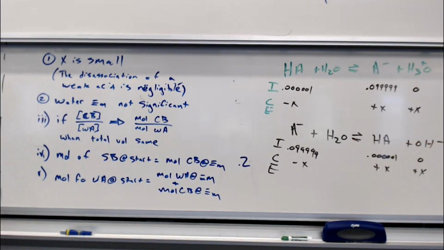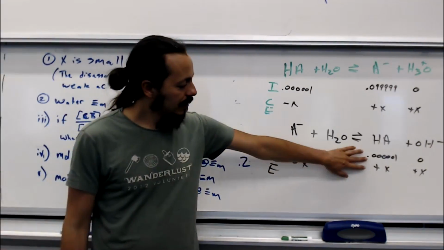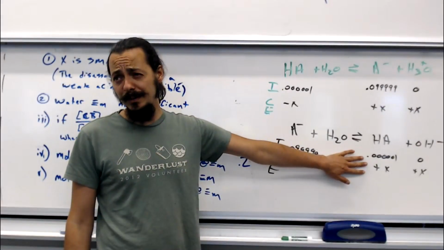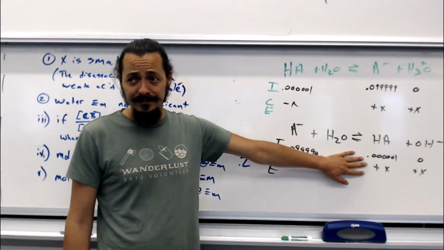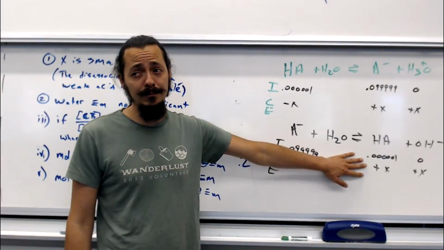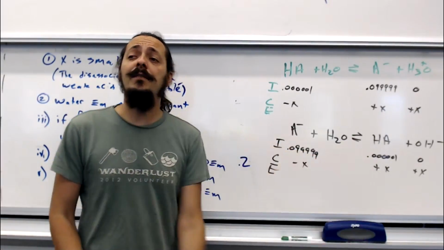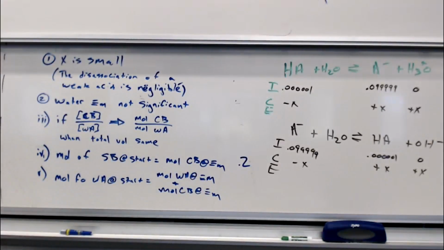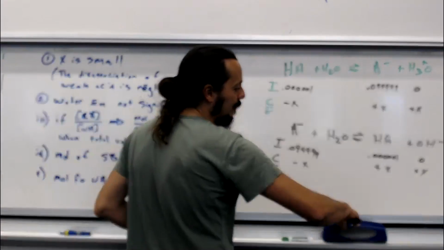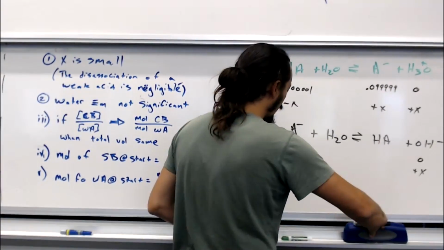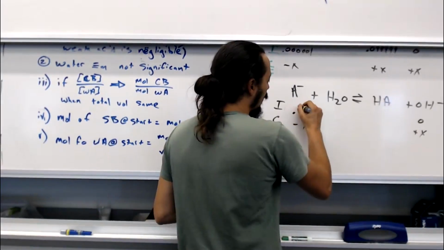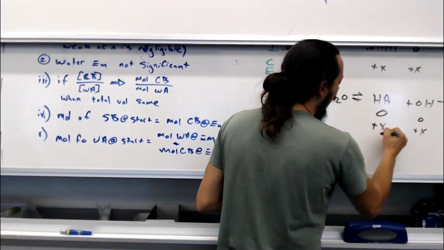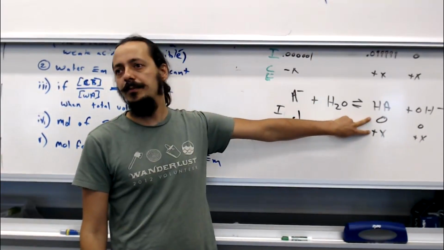Once we get close to the equivalence point, there's a chance that this approximation is still good. There's also a good chance that it's bad. And you have to keep in mind, when we get to the equivalence point, we're actually not going to be like this. We're going to be at 0.1 and 0 plus X. And the question is, is X bigger than 0?